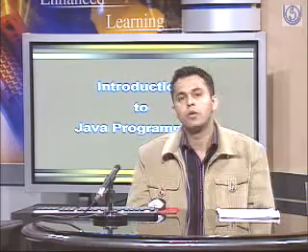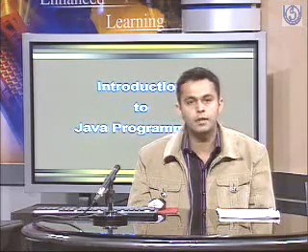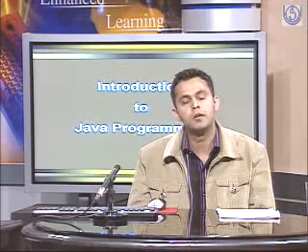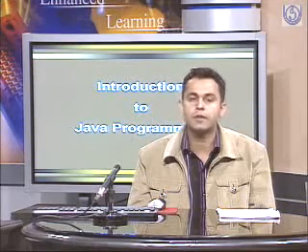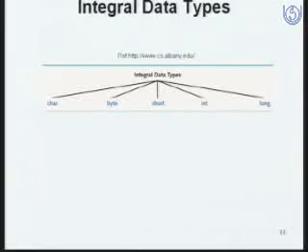Now, what are integral data types? We have discussed floating point data types, where there are two types, float and double, and then we have seen boolean. Now let us see integral data types. In integral data types we have char, byte, short, int, and long.